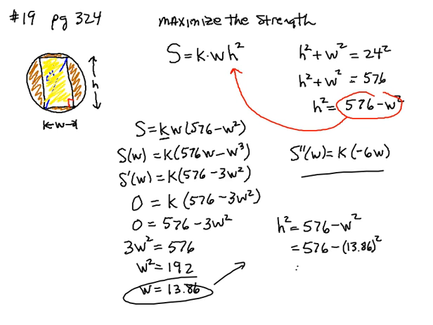And h then will be the square root of 383.9, which is 19.59. So the dimensions are 13.86 inches by 19.59 inches.